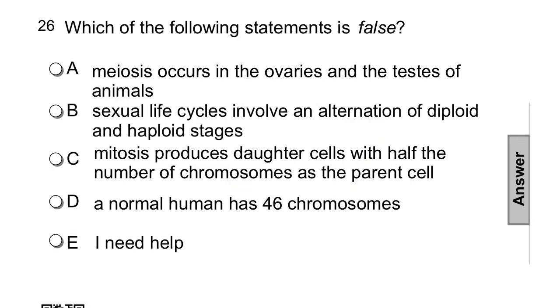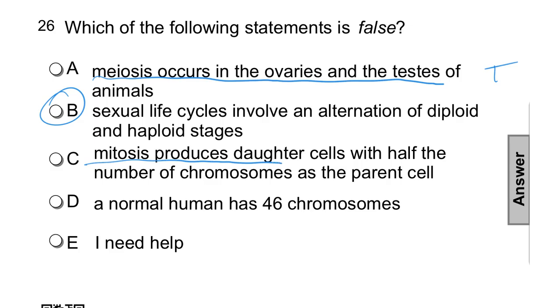So which of these is a false statement? Meiosis occurs in the ovaries and testes of animals. Well, that's totally true. That's the only place meiosis occurs, in animals. Sexual life cycles involve an alternation of diploid and haploid stages. Let's see some other ones.